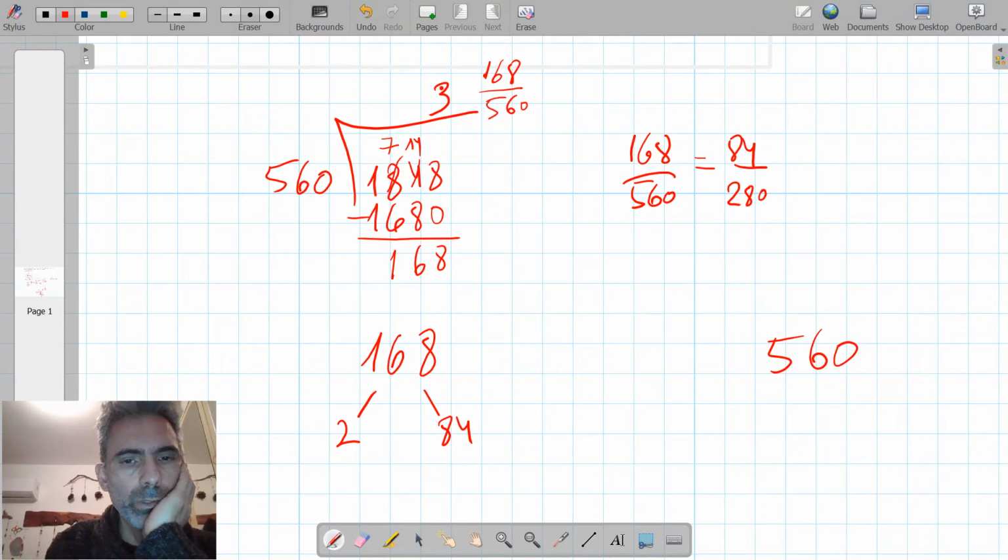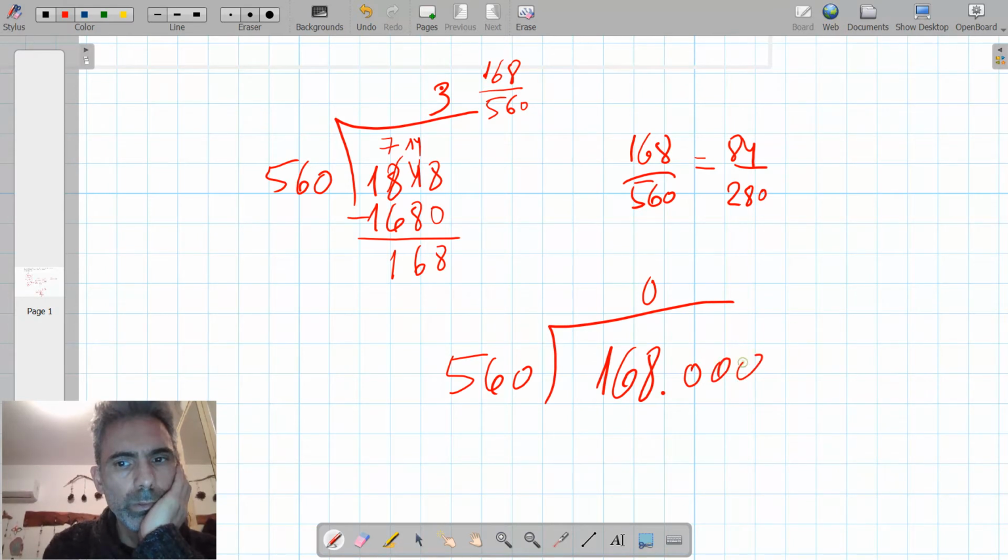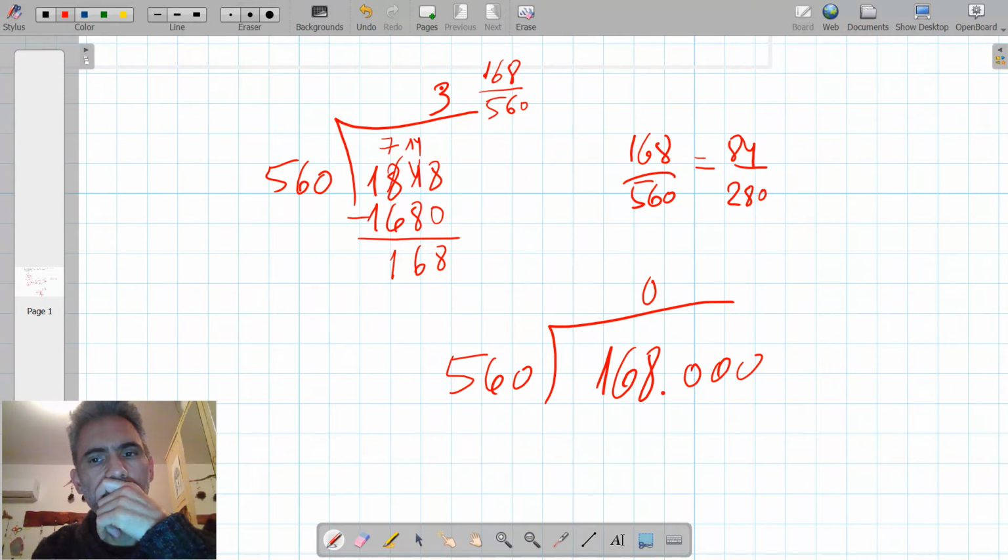I'm trying to simplify this fraction. Maybe the best way to go is to find what times 560 gives 168.